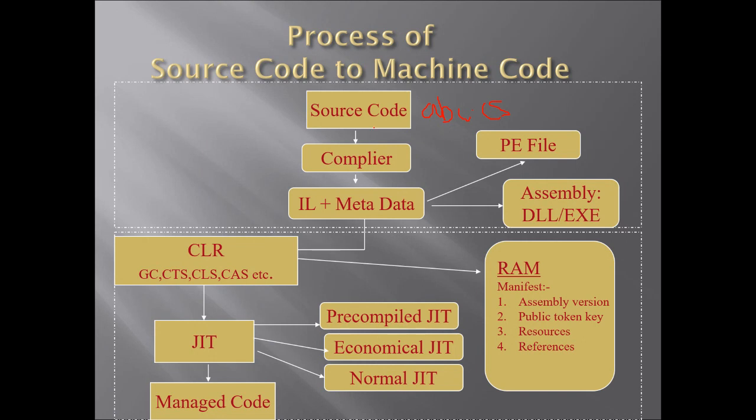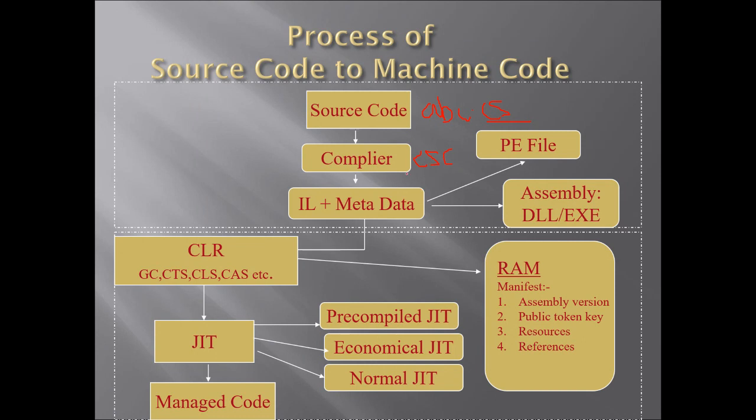The second step is the compiler. As we know, the CLR is a compiling environment, and all the components you can see on the screen are part of the CLR. Because we are using the C sharp language, the compiler will obviously be CSC, the C sharp compiler.